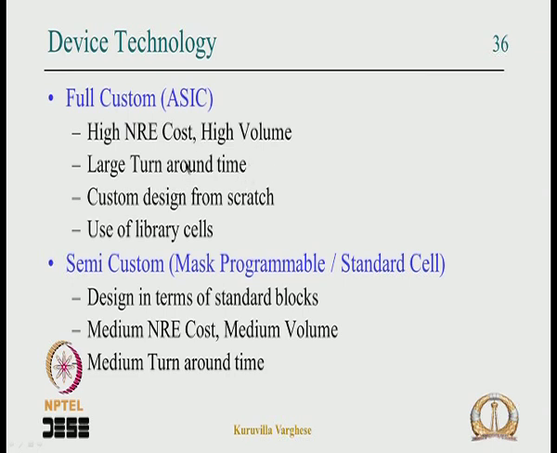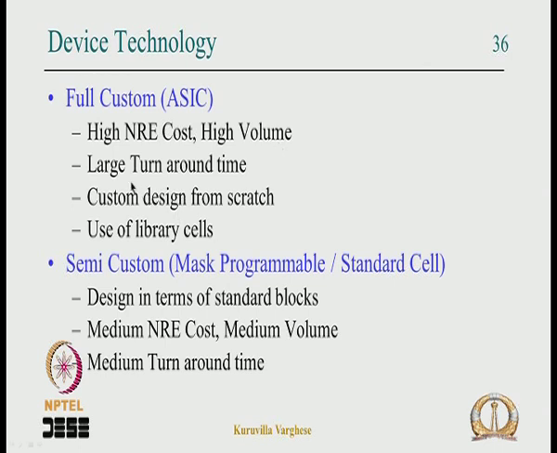If only 10,000 chips are produced, you cannot possibly make an ASIC and get money out of it, because each chip will cost so much. So ASICs are designed only where there is high volume, like desktop CPUs or mobile phone SoC chips and so on.